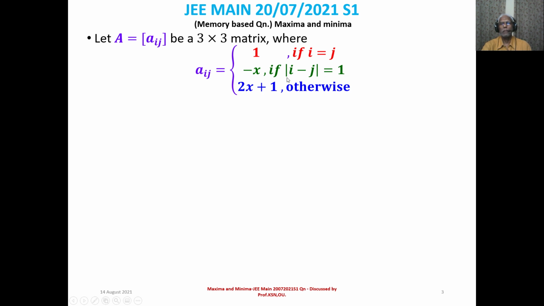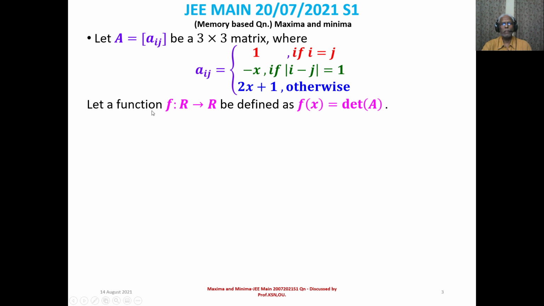That means the modulus of the difference of the indices, that is suffixes, is equal to 1, and 2x plus 1 otherwise. That means the entries of this 3 by 3 matrix are real valued functions of x.